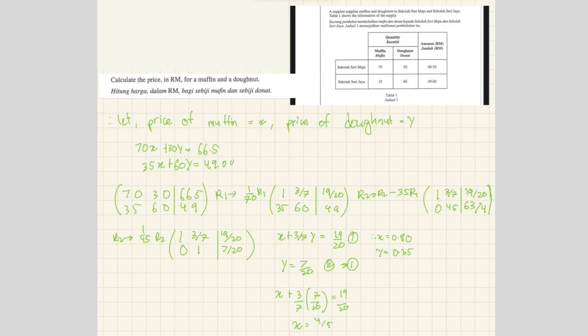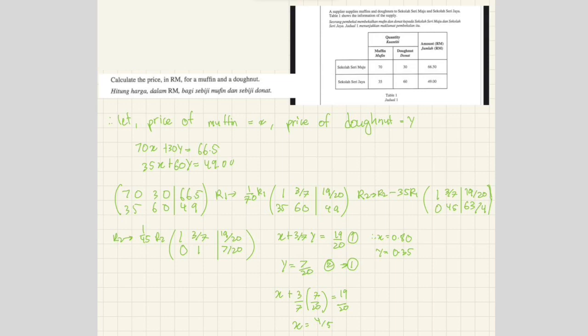Then we continue with row 2 by multiplying it by 1 over 45, which gives us the RE form of the matrix. And then we substitute it back into the formula, and we get x plus 3 over 7 y equals 19 over 20, and y equals 7 over 20. And we substitute y equals 7 over 20 into the first equation, and we get x equals 4 over 5, which we can conclude the price of a muffin equals 80 cents and the price of a donut equals 35 cents.